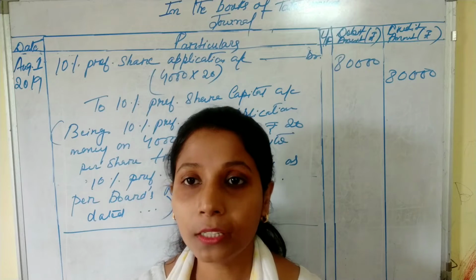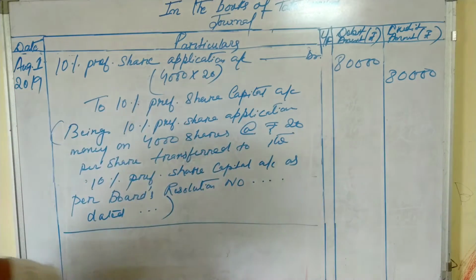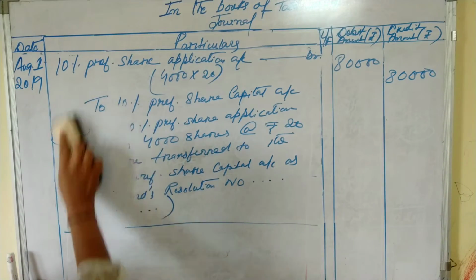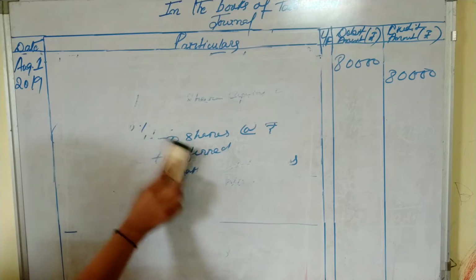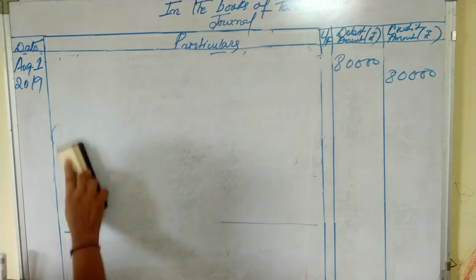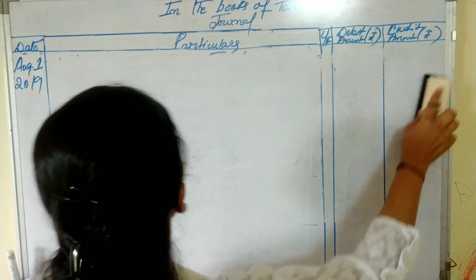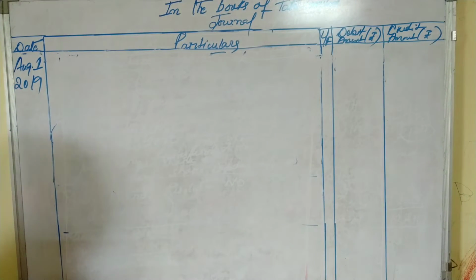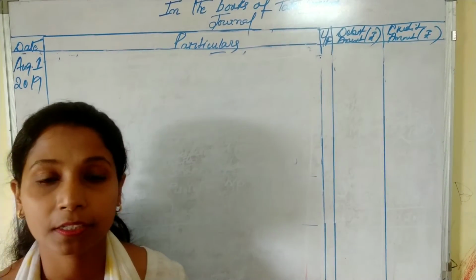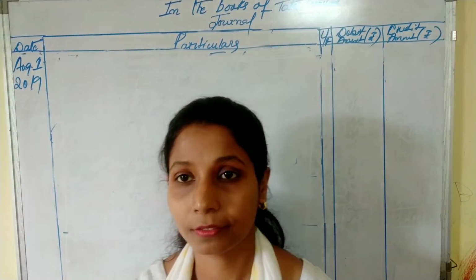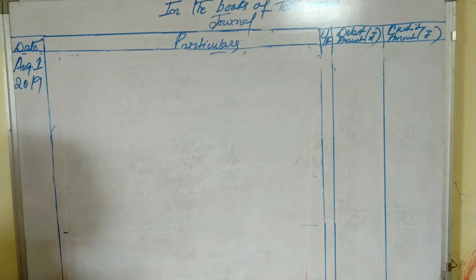Now we will see the allotment entry. Now the date for allotment is August 1. So August 1, write the date in the date columns.